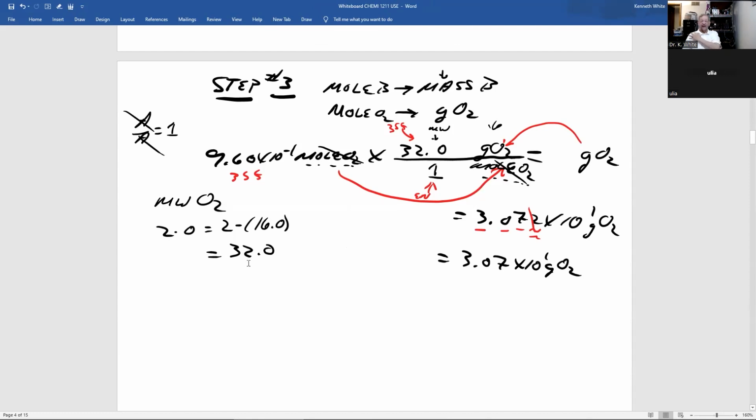There are 2 of them, so I get 32.0. Put it in there. 3 significant figures, and the 1 mole is an exact number. My answer is this. That's a big problem. That's why it's 10 points. And you should know how to do that.